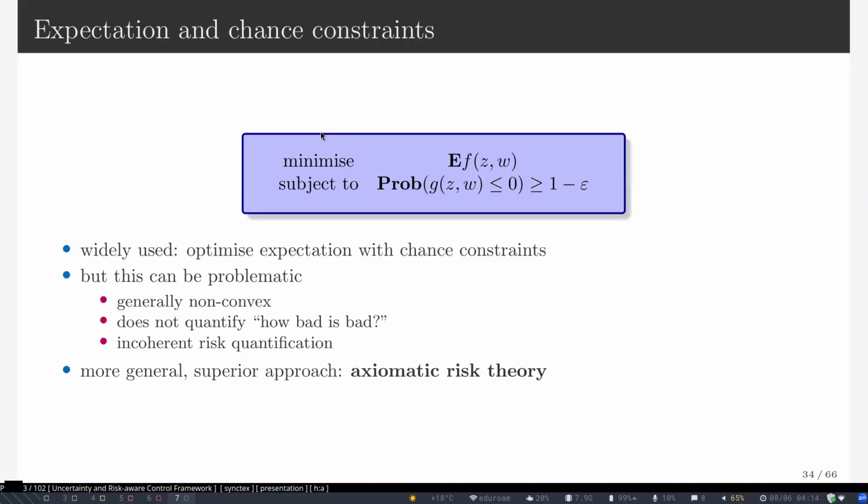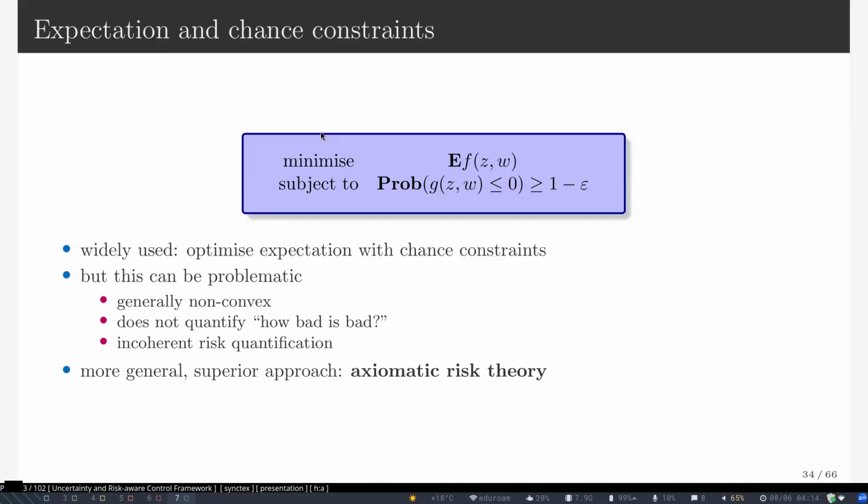So that's why I think for critical systems, and especially those whose performance can be tied to money, and I know that we don't assign monetary value to people's lives, but insurance companies do, we better use the tools that they use. This sort of axiomatic risk theory.